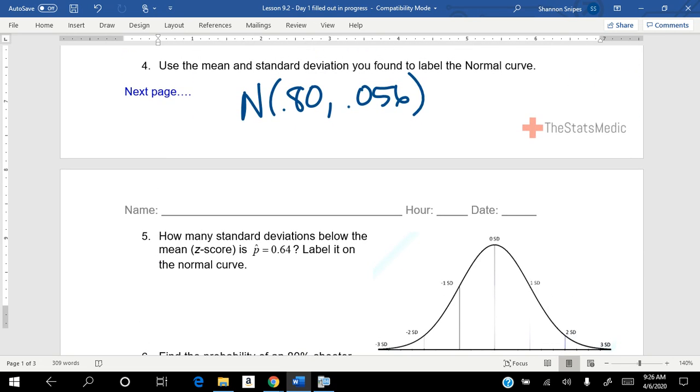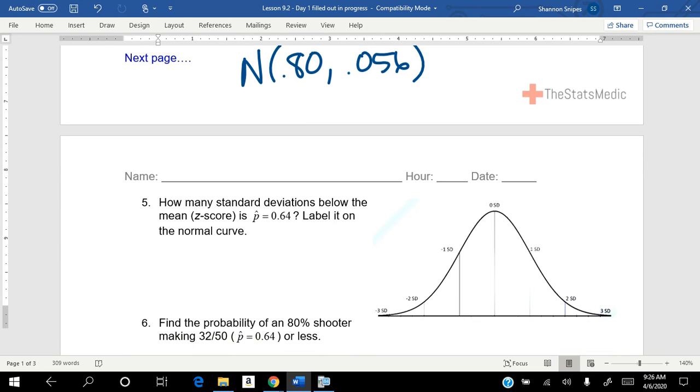All right, how many standard deviations below the mean is 0.64? Remember, that's called your z-score. So z is equal to our statistic minus our parameter, divided by the standard deviation. Just in case you forgot or haven't watched the last video, I made 64% of the free throws that I attempted.